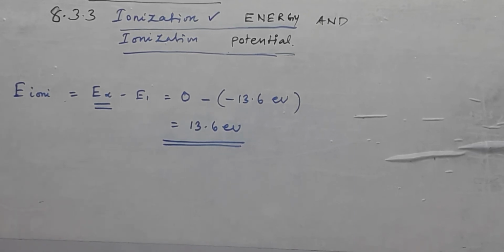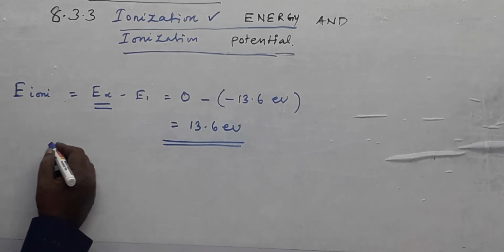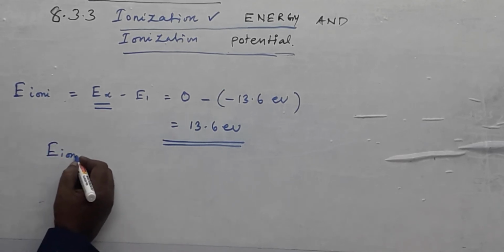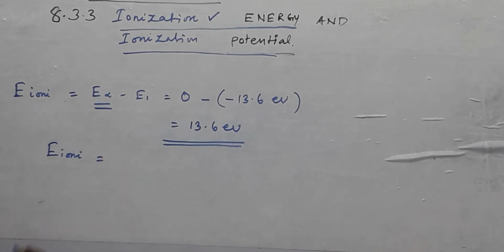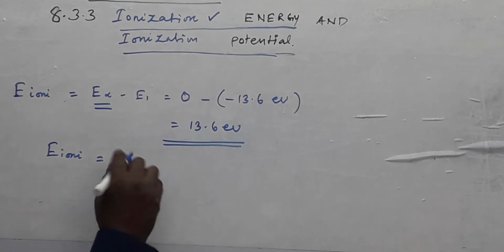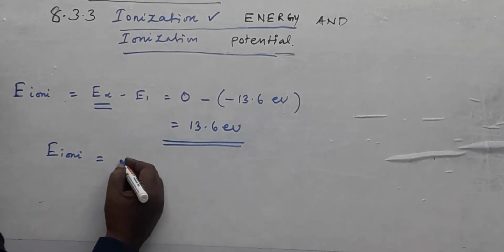Now, if you consider an electron in the nth state of an atom, the energy spent to remove the electron from that state is its ionization energy, which is minus 13.6 electron volt, or instead you have to write a modified equation.